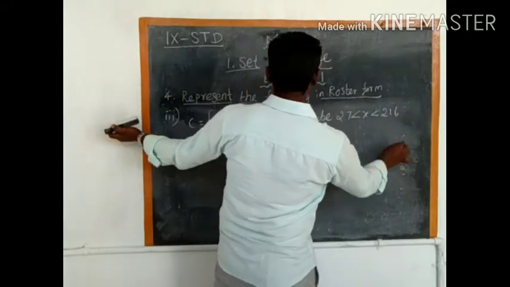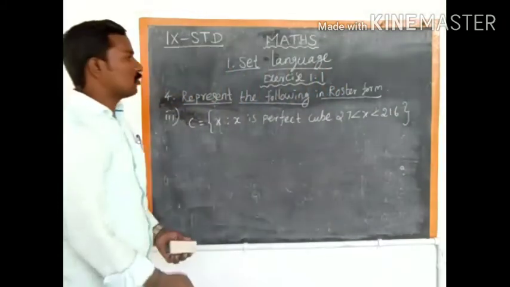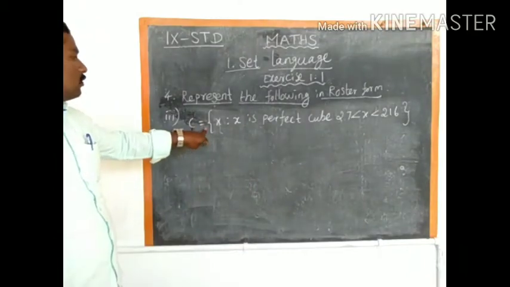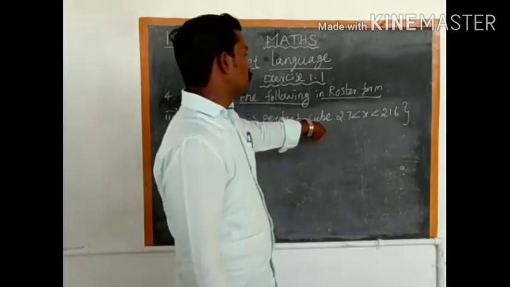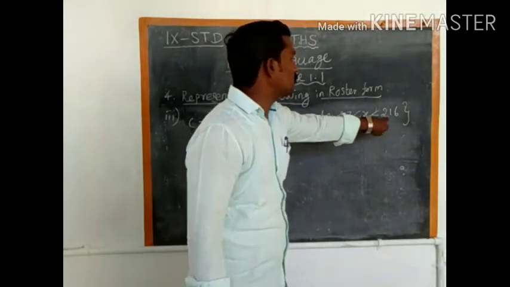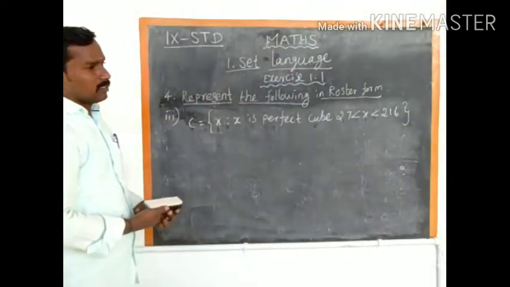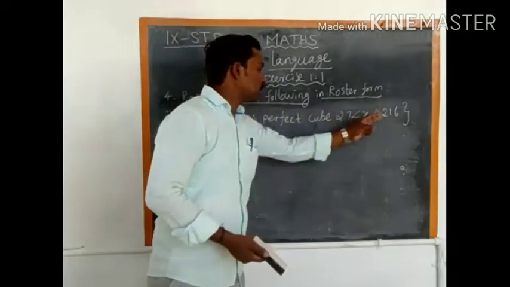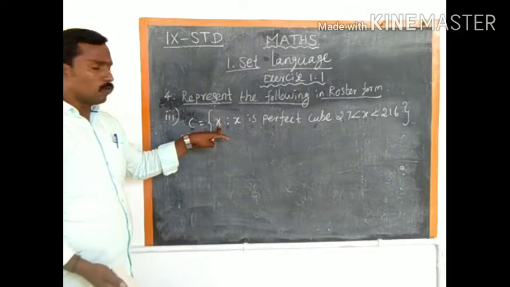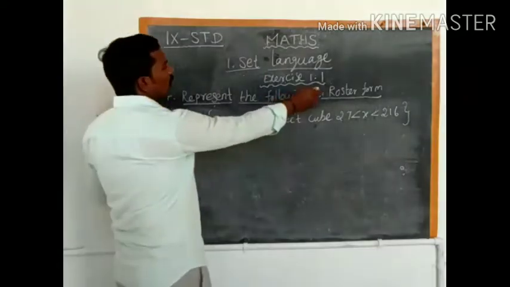Okay, that's all. This is your third question. C is equal to the set of all x such that x is a perfect cube, 27 less than x less than 216. This is the descriptive form, sorry, the set builder form. Okay, so change it into the roster form.